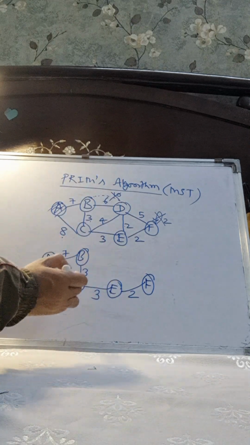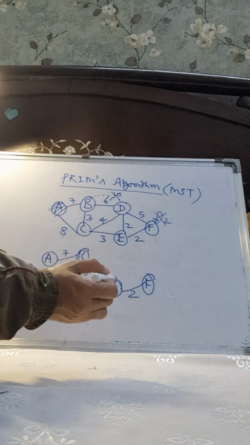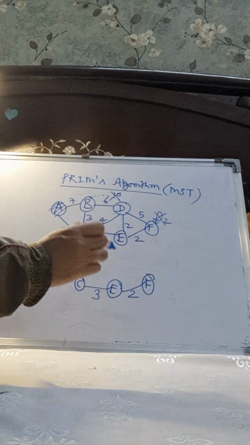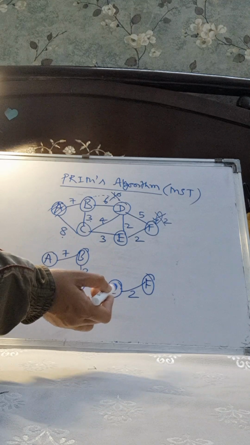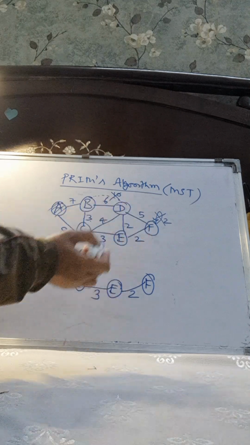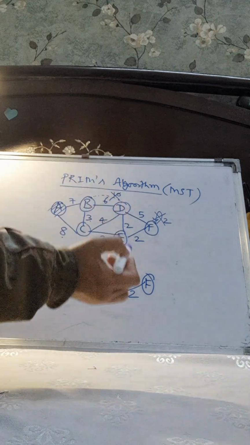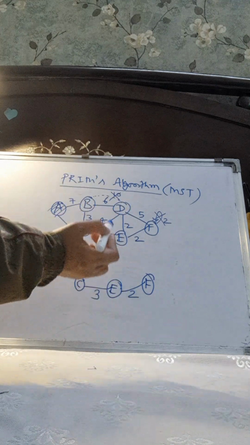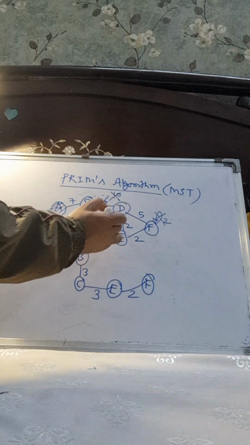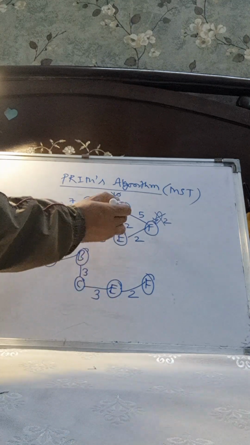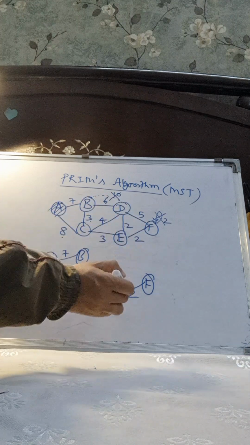Now out of A, B, C, E, F, we again use the same process and include the edge which has minimum cost. From A we still have 8. From B we have 6. From C we still have 4, which we have not included. From E we have this 2; the other 2 we have already taken.